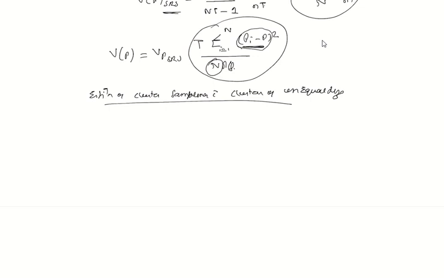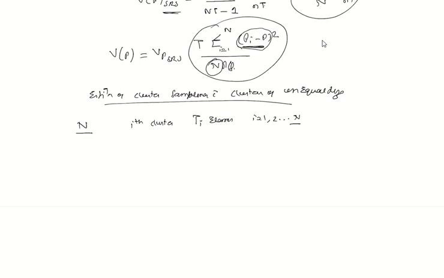In most situations when cluster sampling is applied, clusters will consist of an unequal number of elements. Suppose the population can be divided into N clusters of unequal size, and let the ith cluster consist of ti elements, where i is equal to 1, 2 all the way to N.